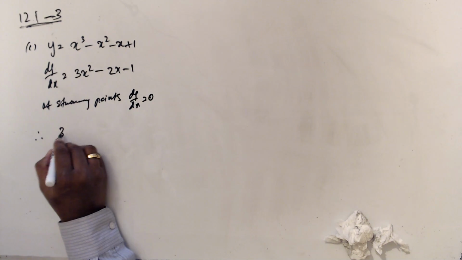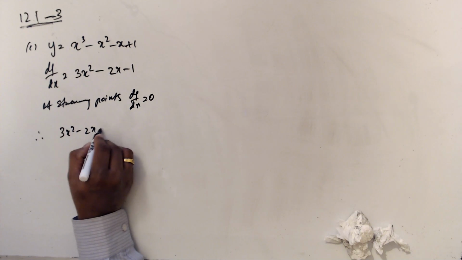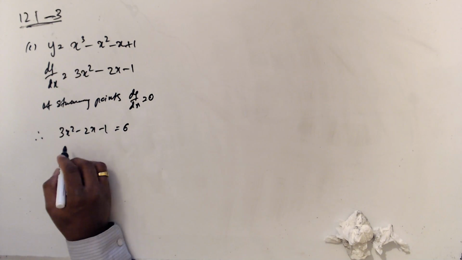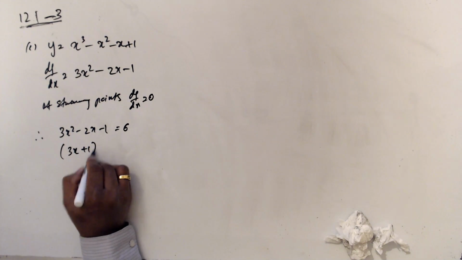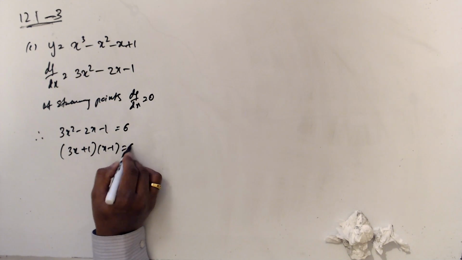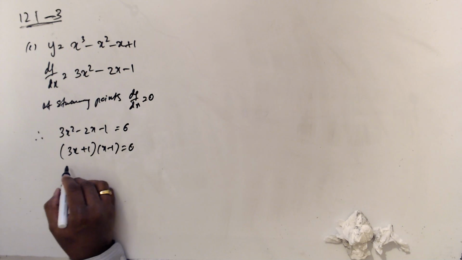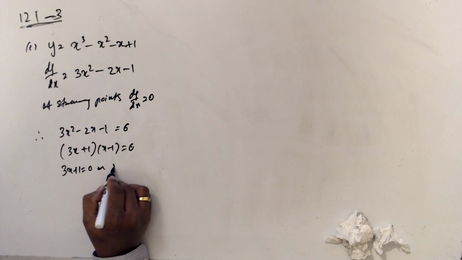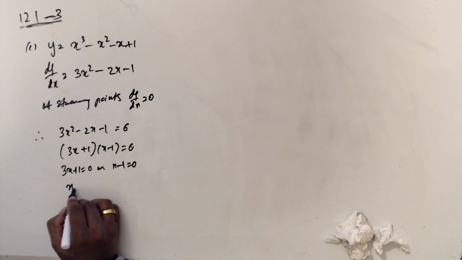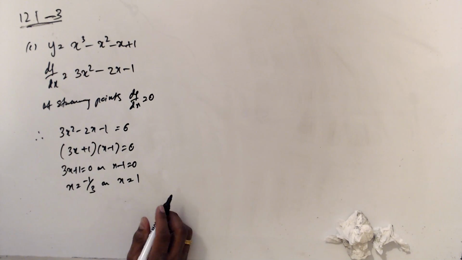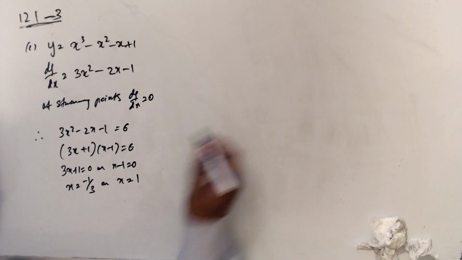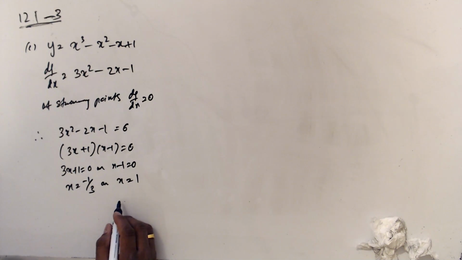Hence 3x squared minus 2x minus 1 equals 0. We can factorize this: 3x plus 1 equals 0 or x minus 1 equals 0. So x equals minus 1 over 3 or x equals 1. Now we have two stationary points.